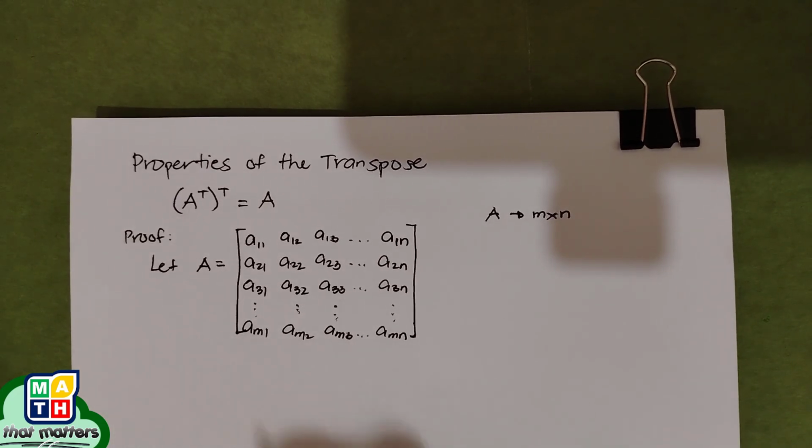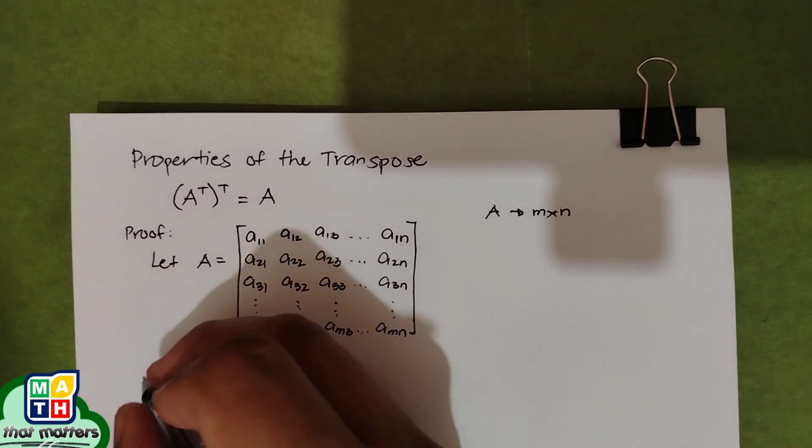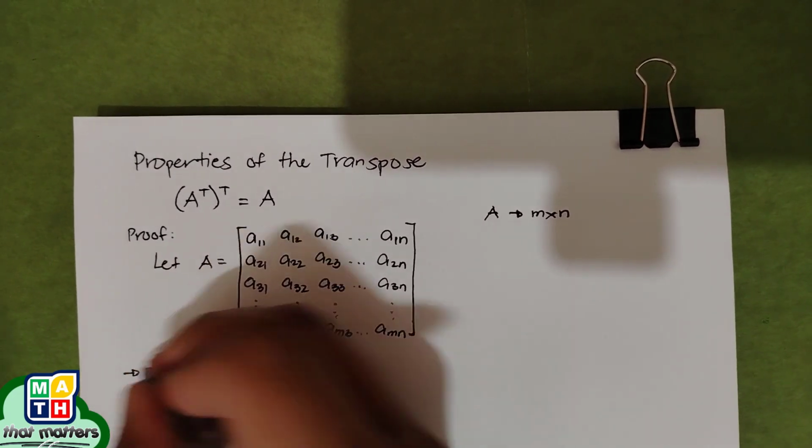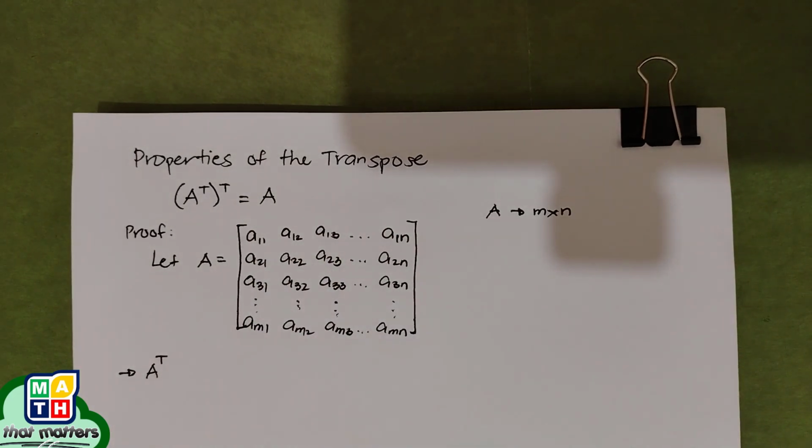Now, let's look into the first form, the transpose of A. The transpose of matrix A is where we interchange the entries from rows into columns.